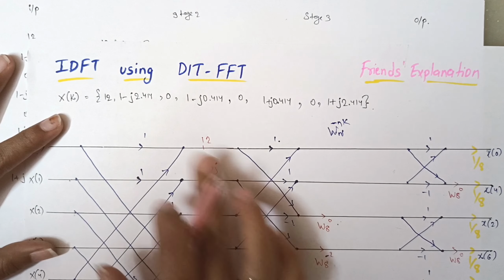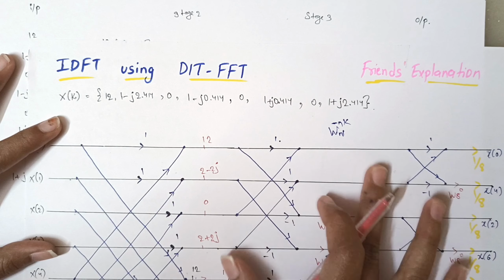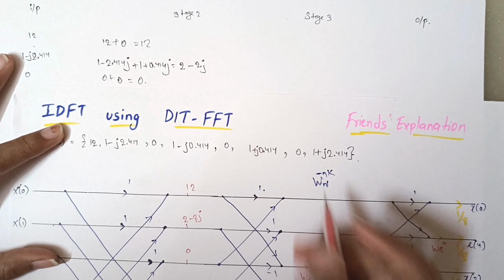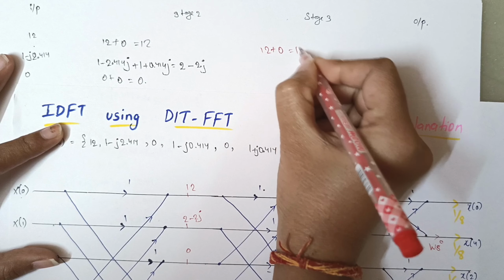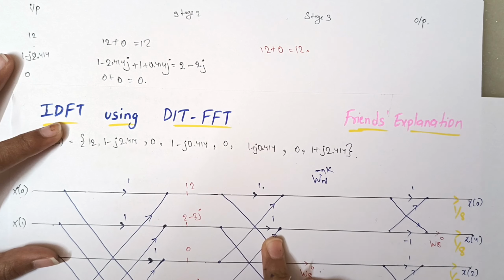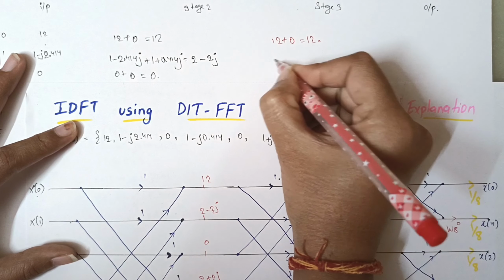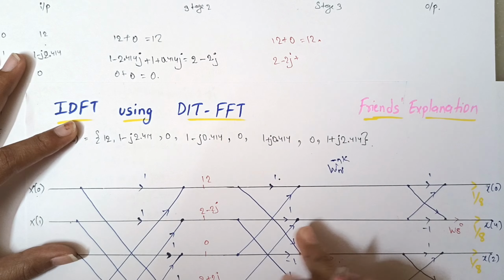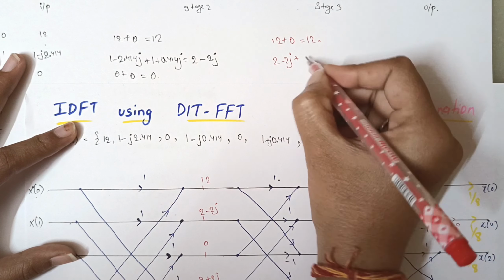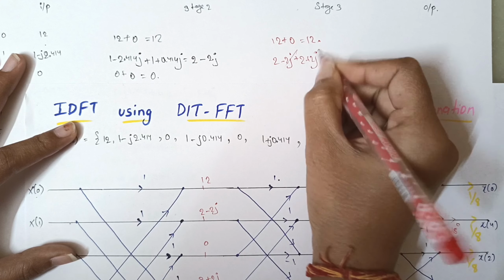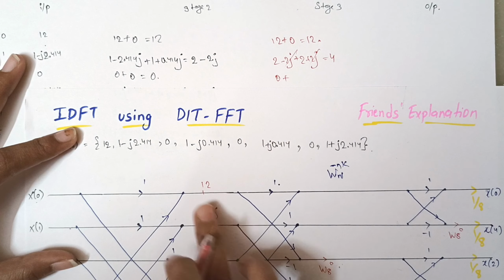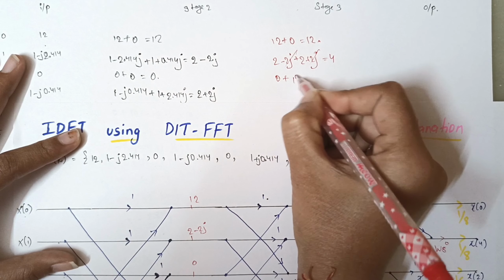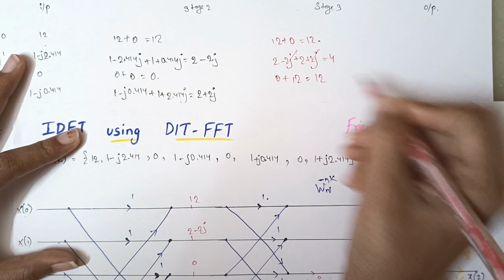Here for the first butterfly, 12 is traveling like this, so 12 plus, and we are getting 0 from here, so it is 12. For this line we are getting 2 minus 2j, and plus from another line we are getting 2 plus 2j, so these will get cancelled and we will get 4. For the next line we are getting 0 from here, and from first index it is 12, so we will get it as 12.